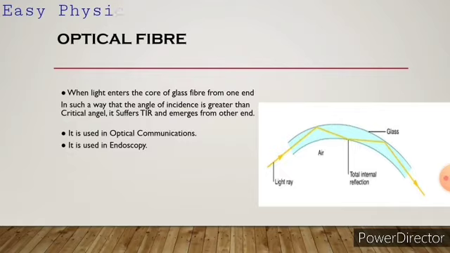You can observe the light ray is entering from one end of the fiber optics. So when it enters into it, the angle of incidence should be greater than the critical angle of that glass material. That's why it takes reflection and travels. You can observe this phenomenon in this diagram clearly.